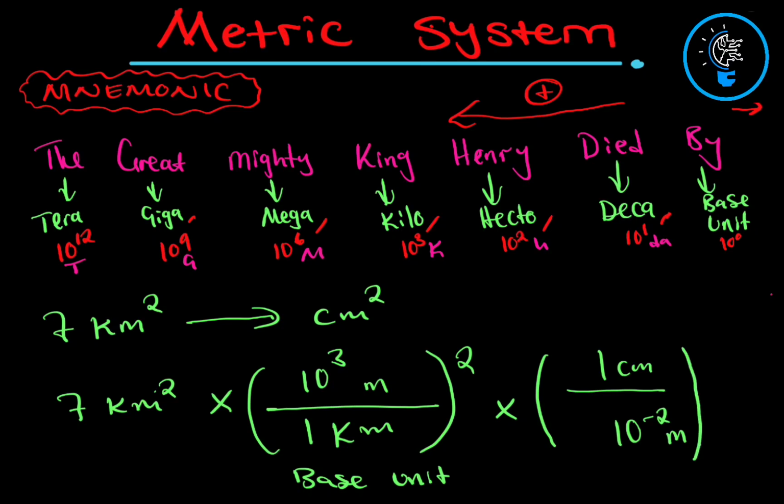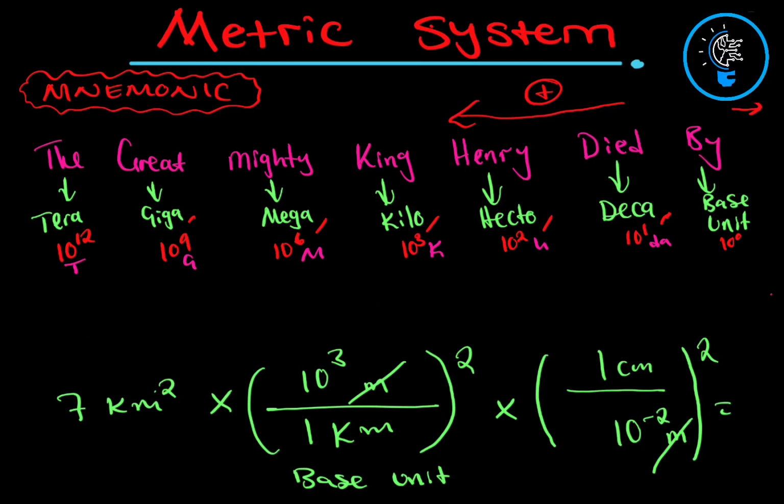So remember you allocate 10 to the power negative 2 to the base unit. So this is our base unit. You square it as well so that they can cancel out. So what you're going to remain with is centimeter squared as your units.